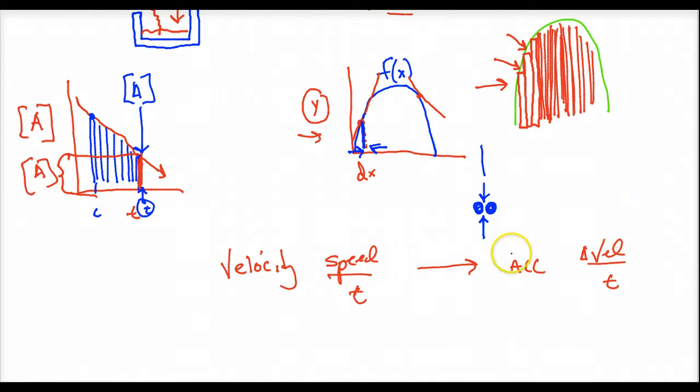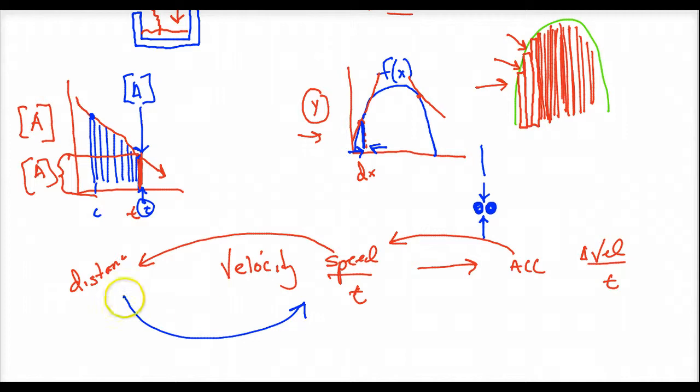And if I want to go from acceleration back to velocity, I would do an integral. I'd find how much speed. And if I want to do an integral of velocity, I would find the total what? Distance. See, the distance or displacement over some time becomes velocity. So the change of your displacement becomes velocity. So this is a derivative as we go from distance to velocity to acceleration. And as we go back, it becomes an integral.